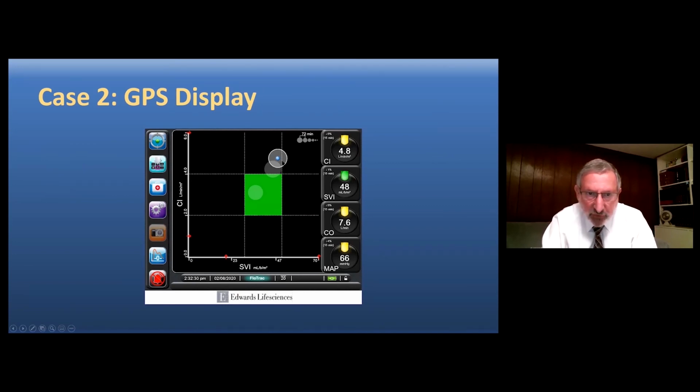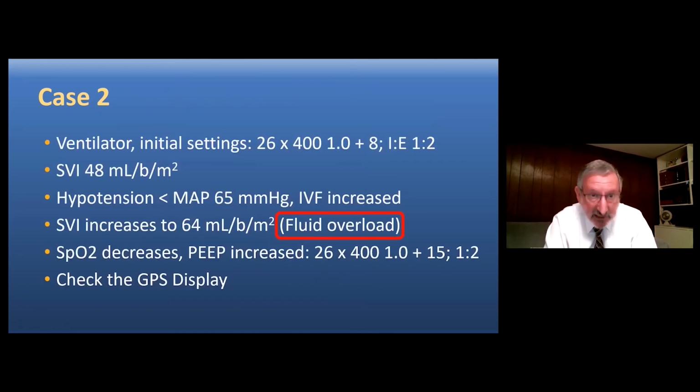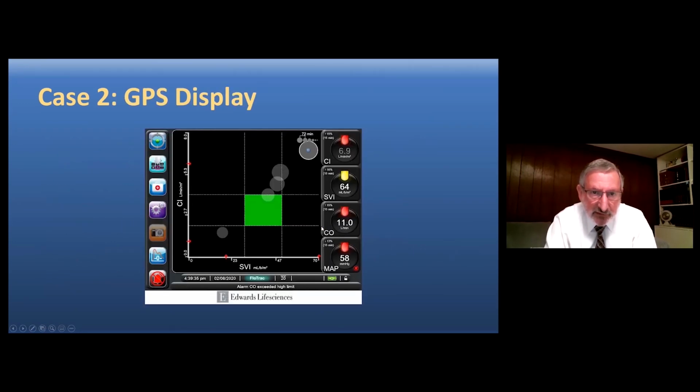Be cautious with extra fluid. The second step here was the patient did drop blood pressure, and the SVI went up to 64. Well, this was a fluid overload. And here's the GPS, a dot all the way up at 64.